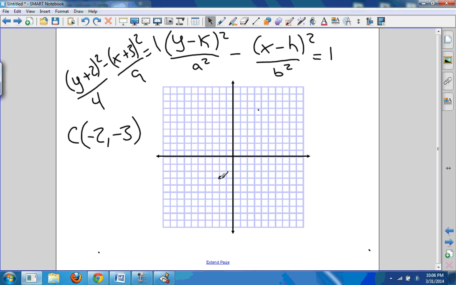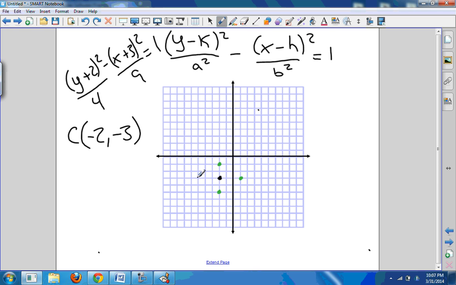Now we're going to make the box for this hyperbola. The y value is going to be up 3, down 3, and the x value is going to be 1, 2, and 1, 2.